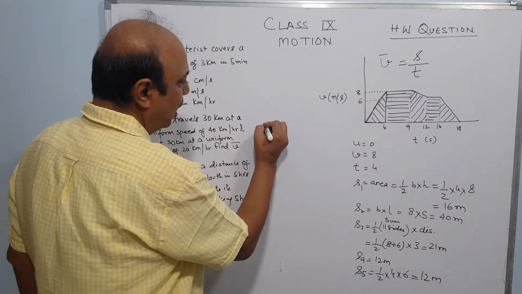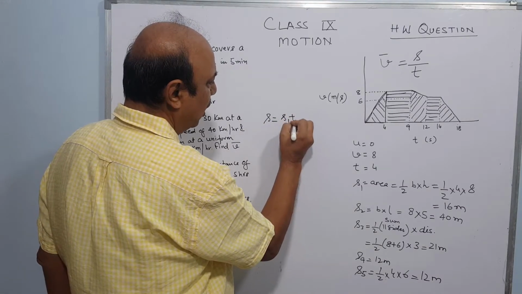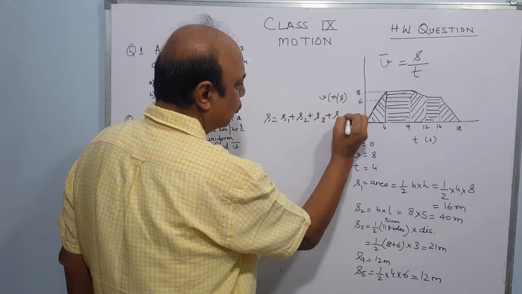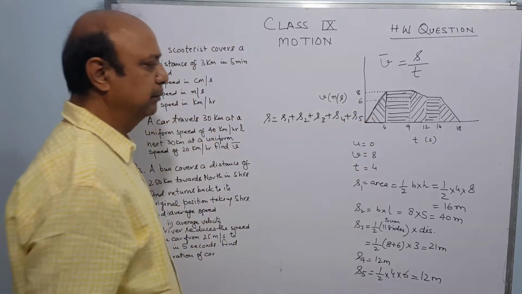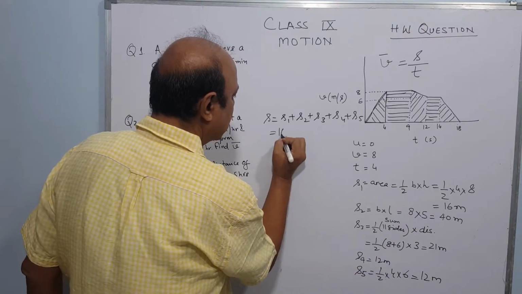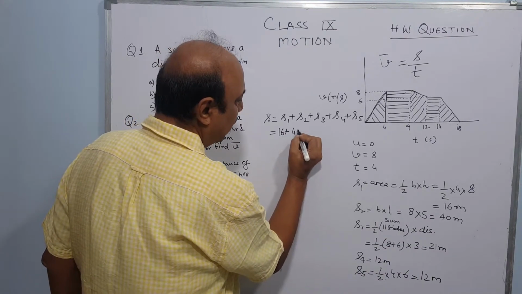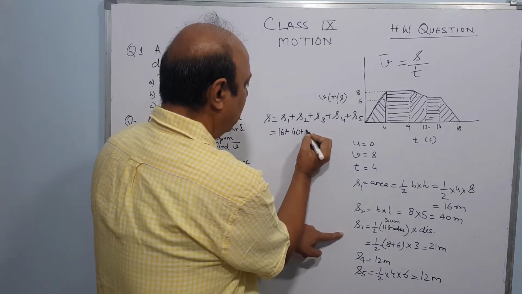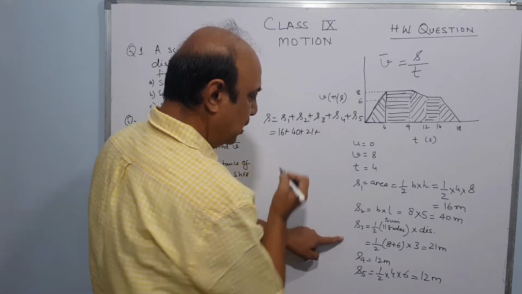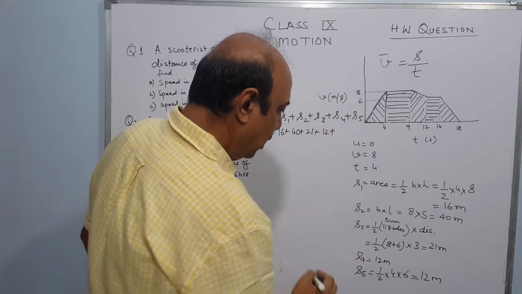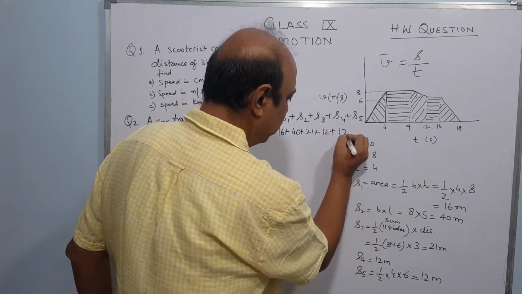So S total is equal to S1 plus S2 plus S3 plus S4 plus S5. S1 is 16, so that is 16 plus 40 plus S3 is 21 plus 12 plus 12.